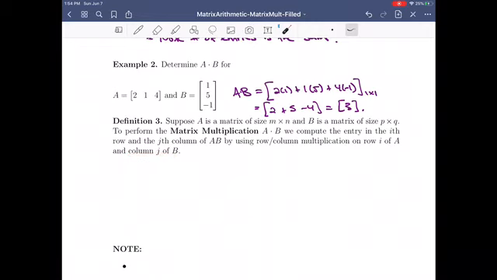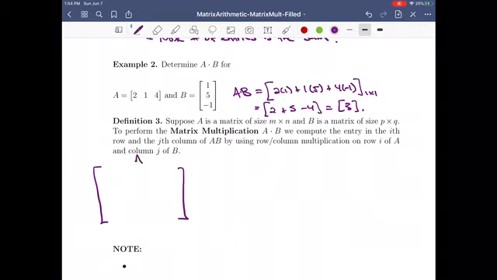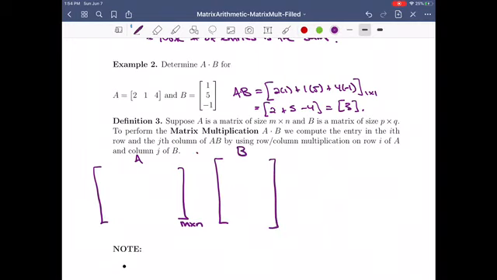So I'm going to try and draw you a picture here. Let's say that this is A, and it's m by n, and then we have some matrix B that's p by q, and we're going to get some product, AB, assuming it exists.